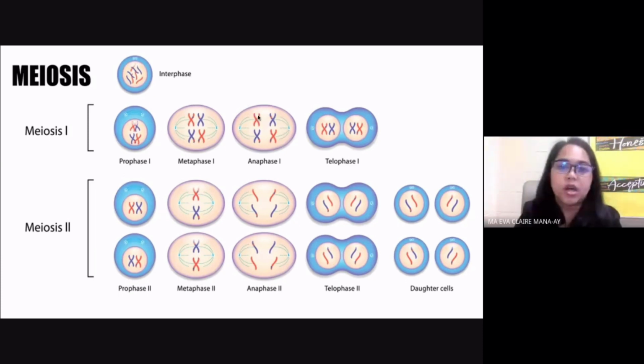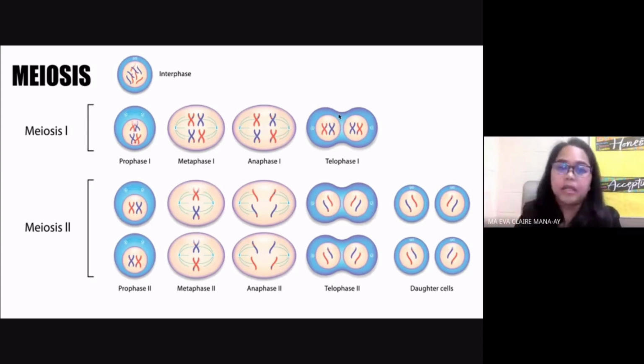This is sometimes called desynapsis. Your homologous chromosomes, those pairs of chromosomes that you have, are pulled apart from each other. That's anaphase 1. Again, in meiosis 1, there's no splitting of chromatids yet, so it's not the same as anaphase in your mitosis.